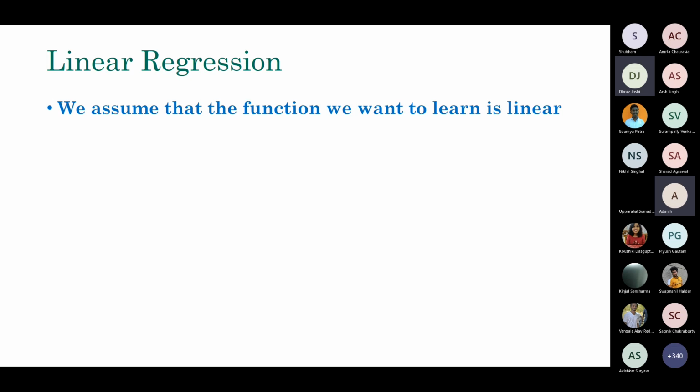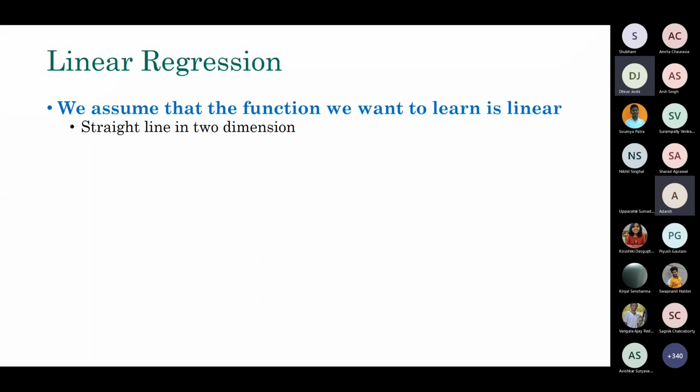So in order to simplify things, we often make some assumptions. This is true for most machine learning algorithms. Here, in linear regression, the assumption is that the function we are trying to approximate is a linear function, a polynomial of degree 1.